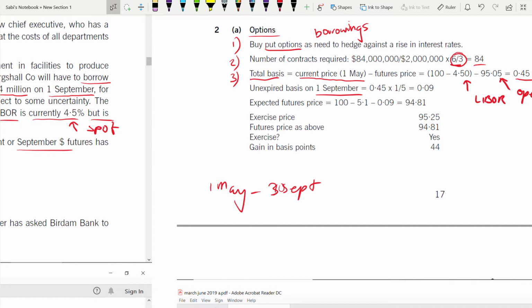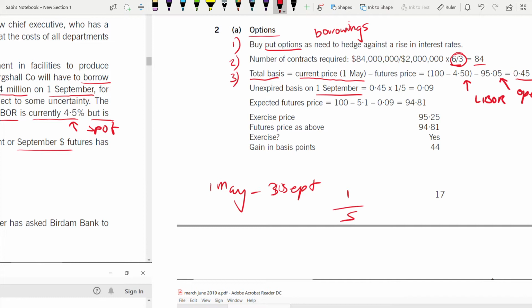So this is a September option, and it will expire on the last of September, not 1st of September, even though they have written 1st of September. So 1st of May to 30th September: May, June, July, August, September, total 5 months. But out of that, only 1 month, that September month, is unexpired.